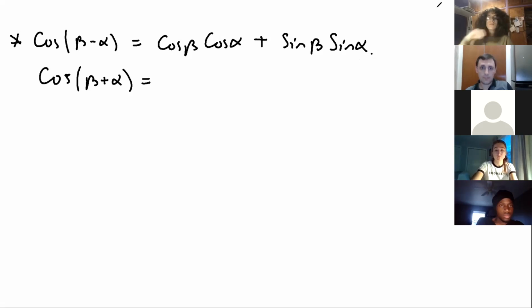Safa, correct. Jomel, I'm assuming you just applied cosine to each of them individually. Addition and subtraction is the same procedure.